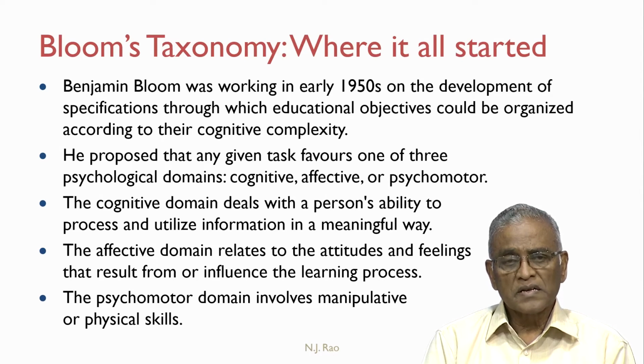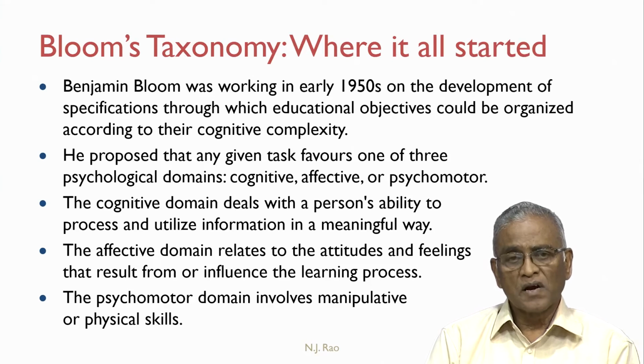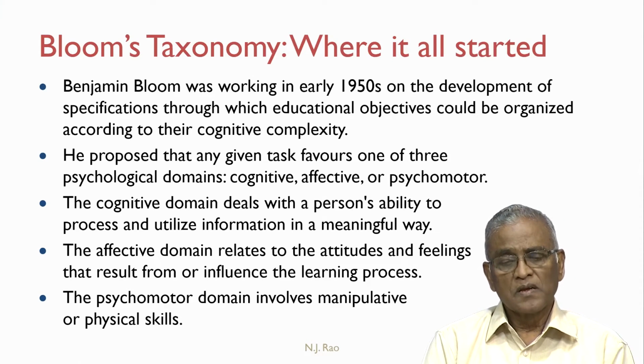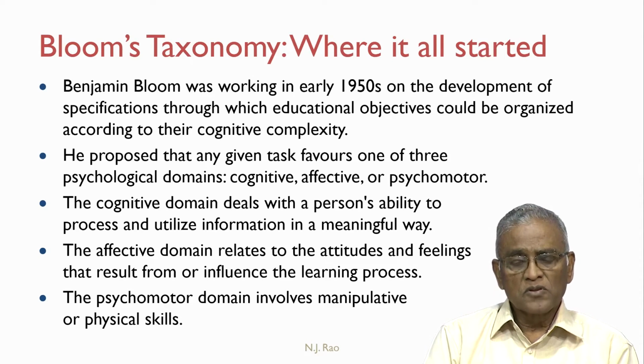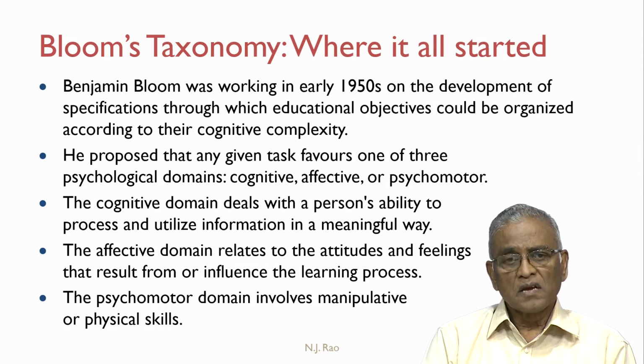So they slightly revised Bloom's taxonomy, first of all by relabeling and slightly reordering the cognitive levels. And while talking about the cognitive domain, they identified that there are two dimensions to the cognitive level.